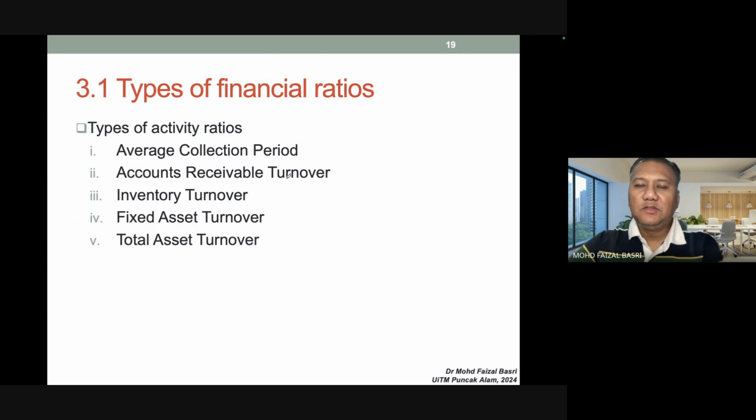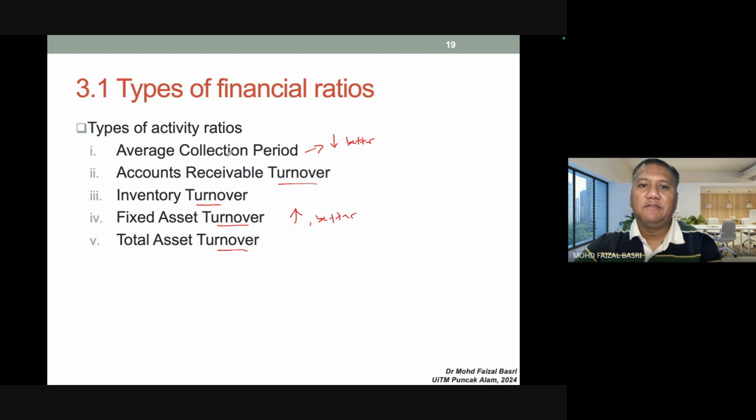Okay, all of these are turnovers. For turnovers, the higher the ratio, the better. But for ACP, for this ratio alone, the lower the better. For the turnover ratios, I repeat, the higher the better.